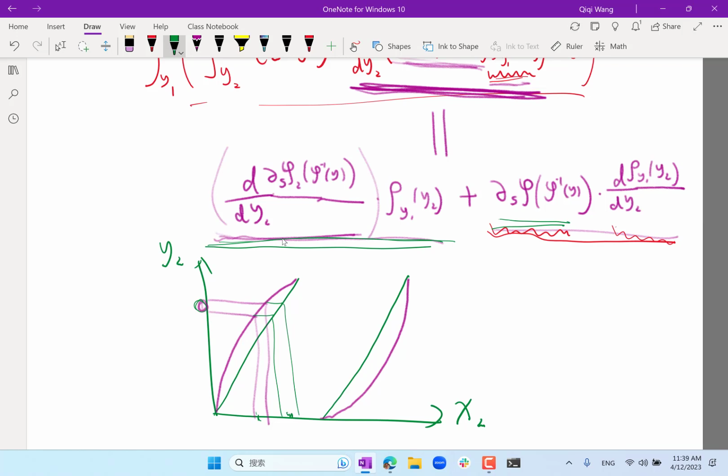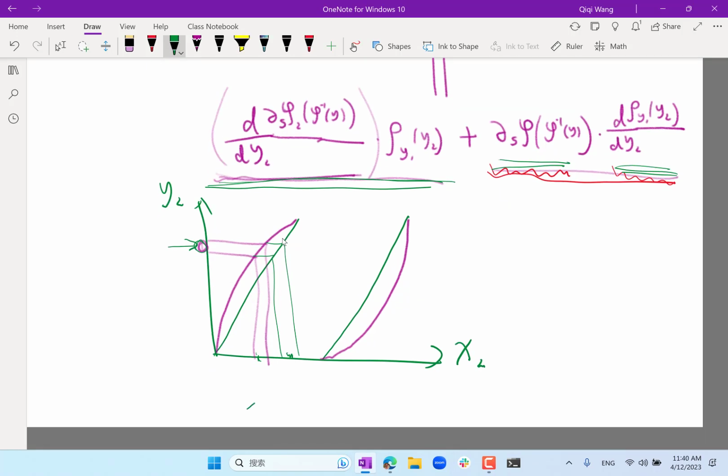So if there is a positive gradient in the density, that means the same location y would be mapped from a lower density region. If the density goes like that, so if this is the density rho as a function of x, of course, if we have an invertible map, then the same location in y would also have an increase in density.